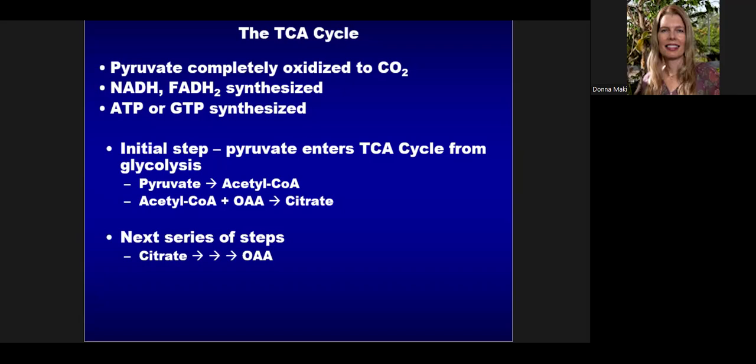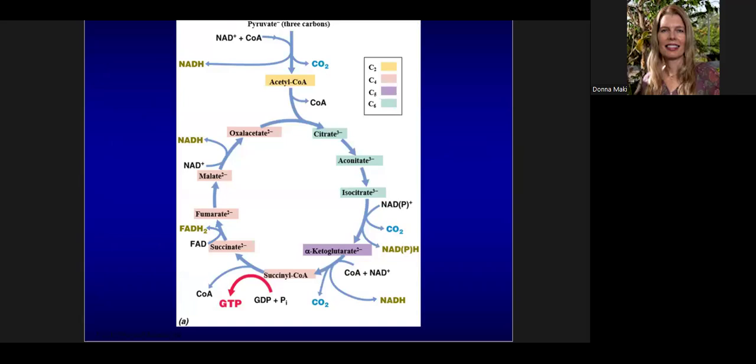As long as there's enough pyruvate coming over from glycolysis, you'll have the TCA cycle cooking along. Okay, so again, you don't have to know step by step other than the beginning steps are good to know in the sense that you have pyruvate coming in. Here's your acetyl-CoA, and then you have those two reacting, acetyl-CoA and OAA, when you get your citrate. And then you see it zooming around into the cycle.